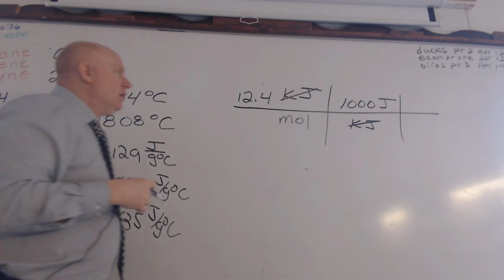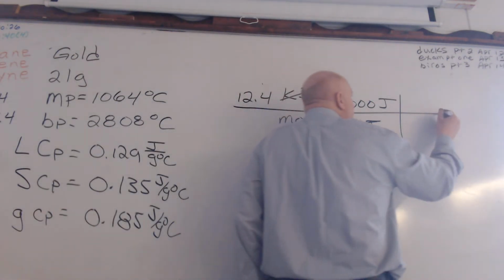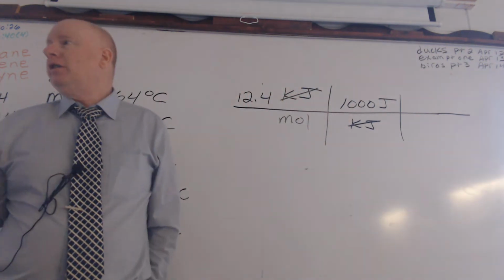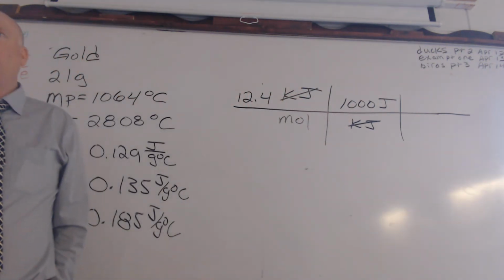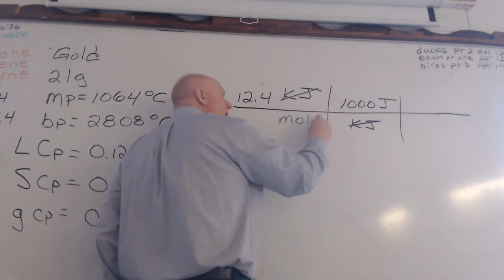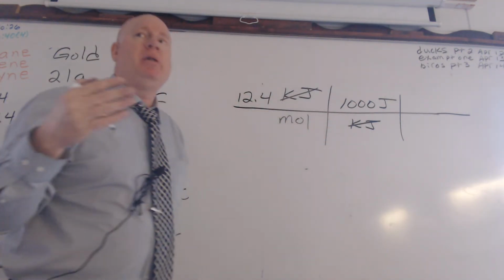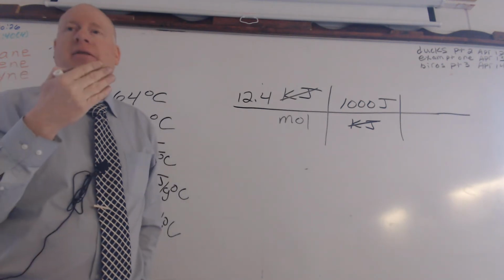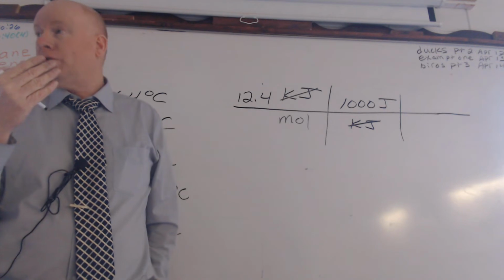Since this is a known substance, we can take the atomic mass of gold and use a molar mass. If moles is on the bottom here, this is something that we haven't done before, where does moles go to cancel that out then? It goes on top.